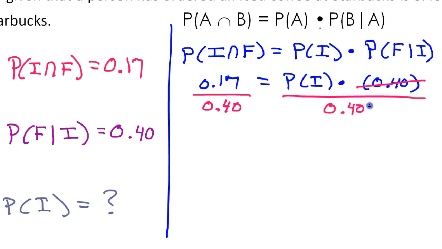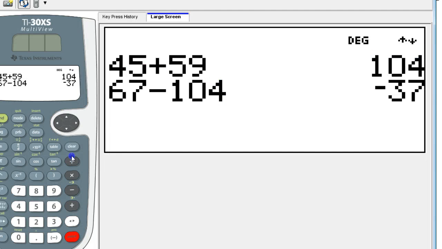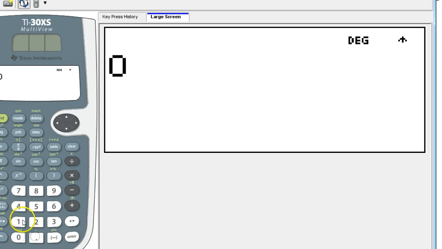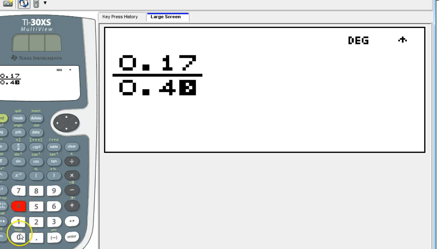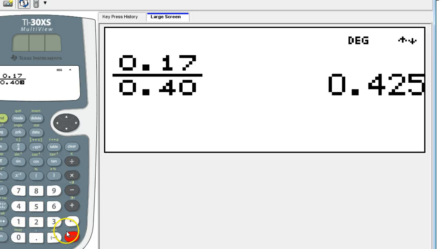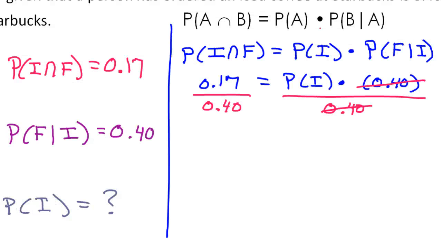In that way the 0.40s will cancel each other out. 0.17 divided by 0.40, so that's 0.425.